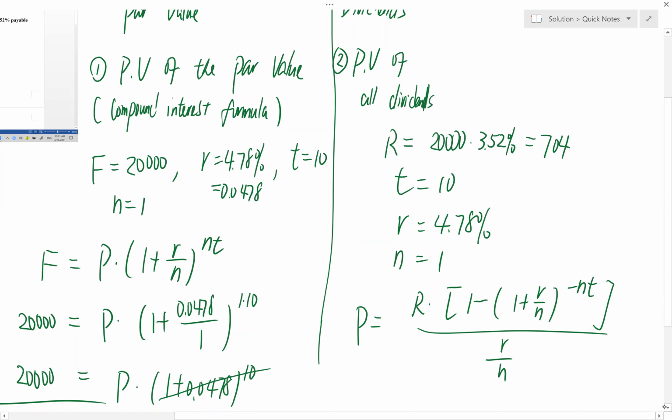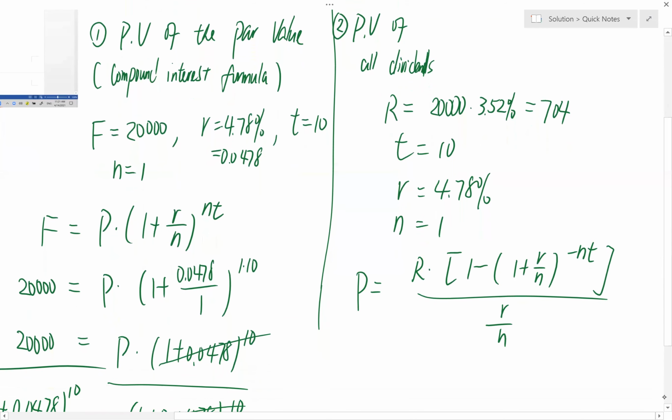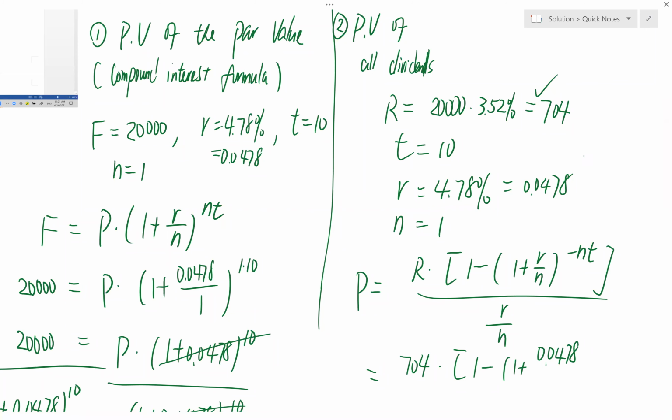Now, plugging in the numbers, the regular payment is $704 on a yearly basis, times 1 minus 1 plus 0.0478. So again, we always use the market rate to calculate the return. The dividend rate is only used one time to calculate the dividend or interest payment. Then raised to negative 1 times 10, negative 10 power basically.